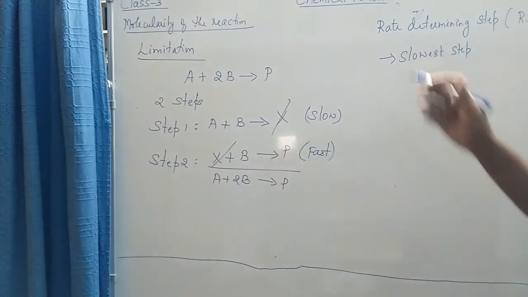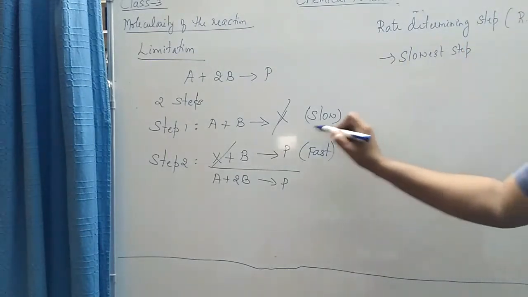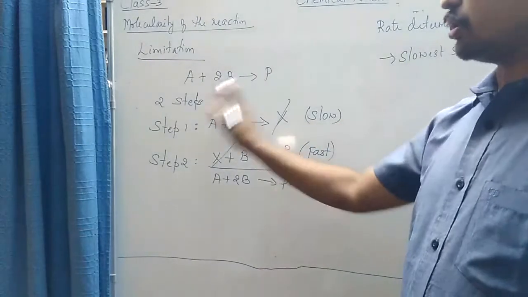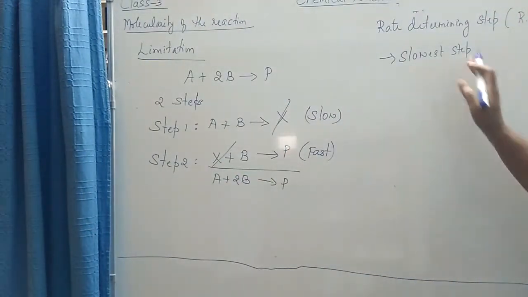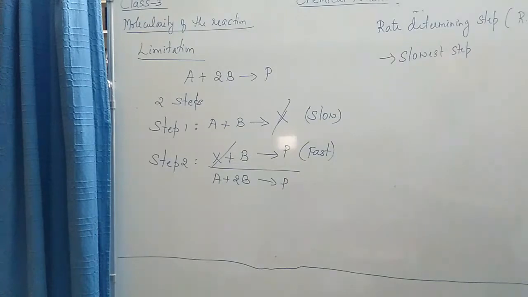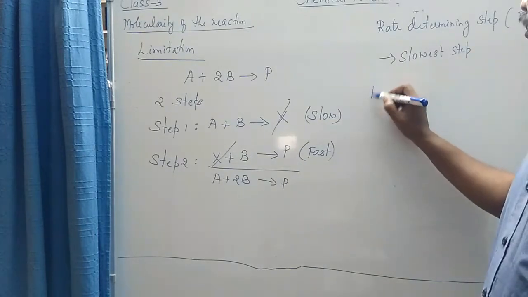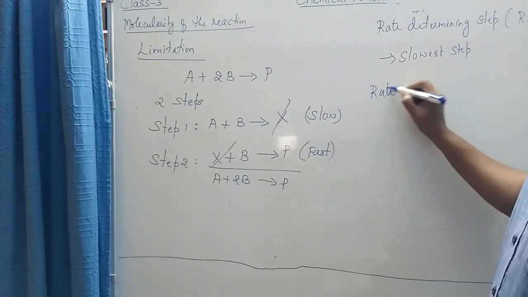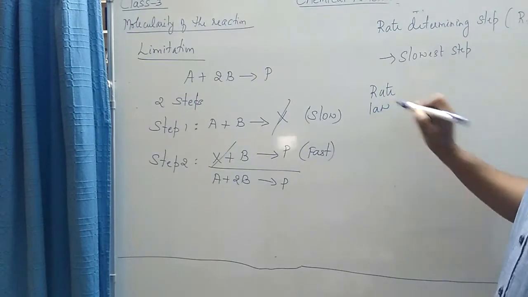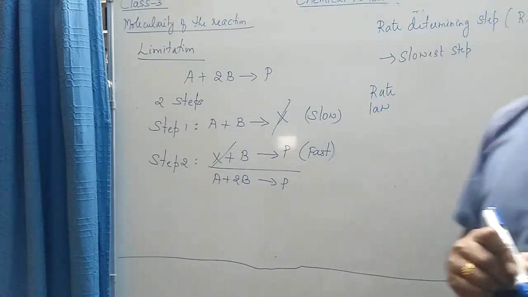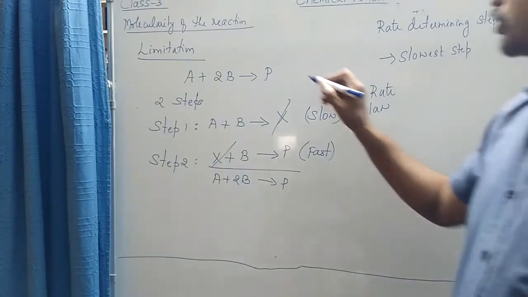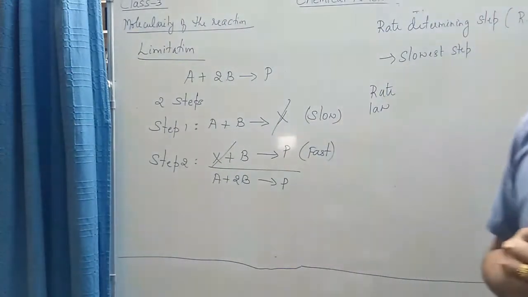Similarly here, though the other steps are very fast, the overall rate is largely affected by that step which is very slow. That is called the rate determining step. So when we are writing the rate law or rate equation, it is now clear that we should not consider the overall reaction.